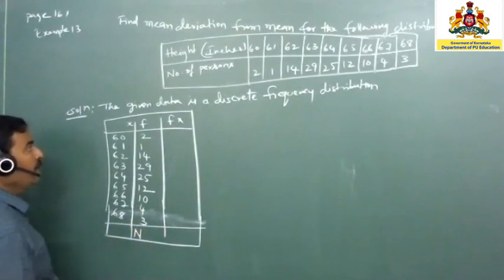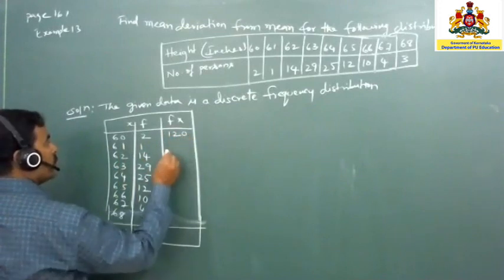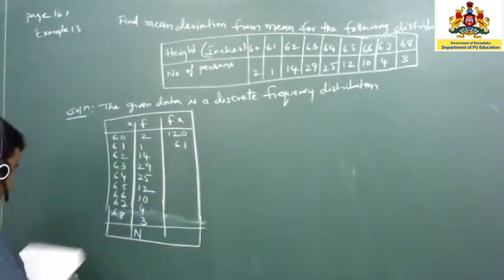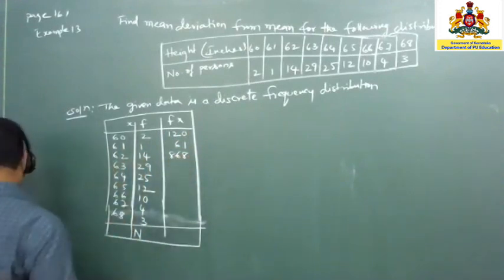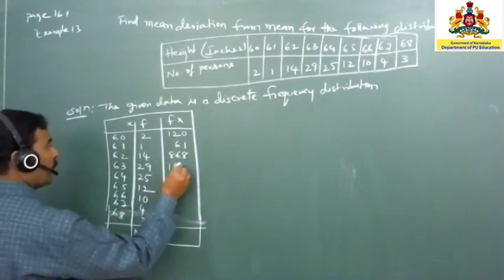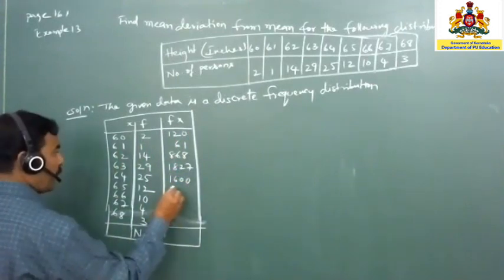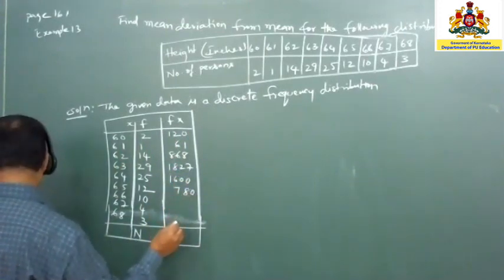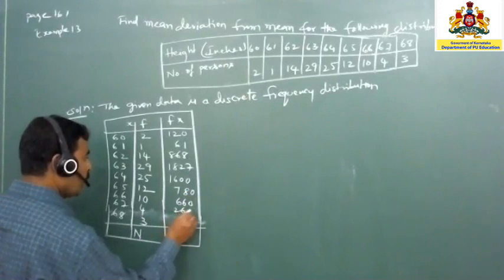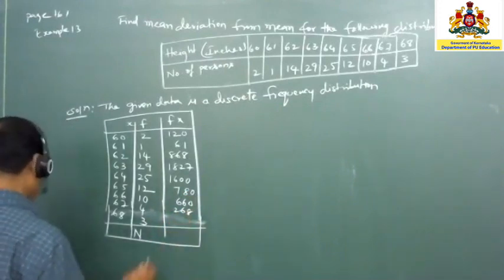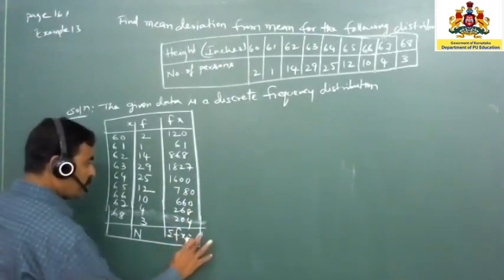Now fx: 60 into 2 is 120, 61, then 868 for 62 into 14. Similarly the next values are 1827, 1600, 780, 660, 268, 204. Total summation fx is 6388.